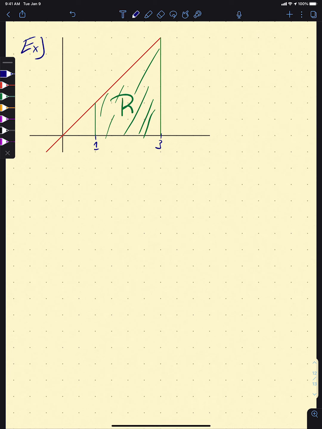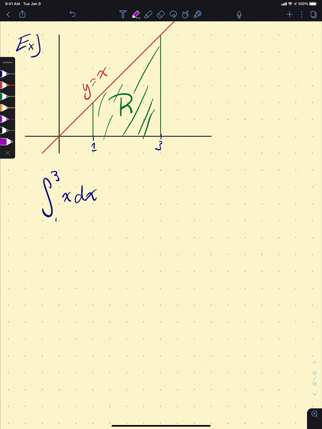What this is equivalent to saying is looking for the integral from 1 to 3, because those are our bounds. This function here is just y equals x, so it's x dx, right? And you could do this geometrically and divide this into a rectangle and a triangle, and we can check our answer that way, but why don't we try to work it out this way, right?